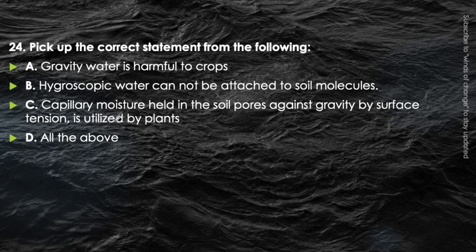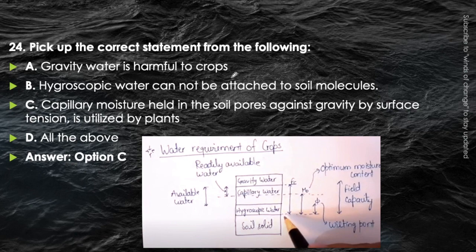Capillary moisture held in the soil pores against gravity by surface tension is utilized by the plant. Which is the correct answer? Capillary moisture is the one that will be held in pores of the soil and that will be utilized by the plant. While the gravity water is not harmful to the crops, they just simply seep down and join the water table. Okay, so answer C will be the correct answer here.